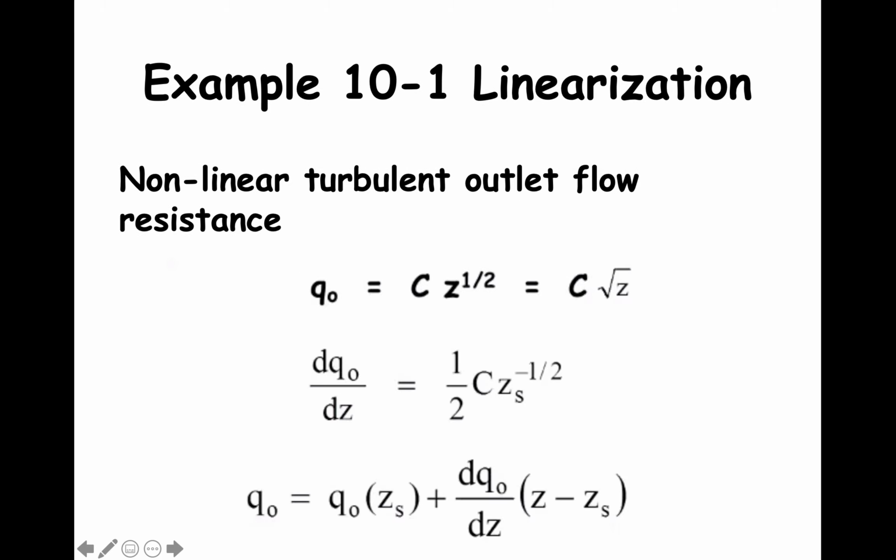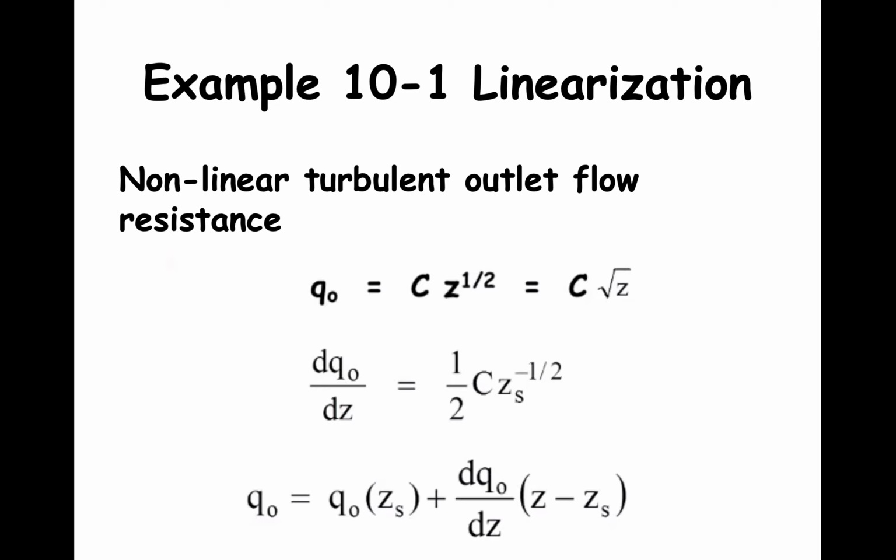The first step is to take the derivative of Q0 equals C times the square root of Z. We get dQ0 over dZ equals 1/2 times C times Zs to the power of minus 1/2. We will need the derivative for the Taylor series expansion. The next step is to find the Taylor series expansion of the equation or term with a nonlinear element.